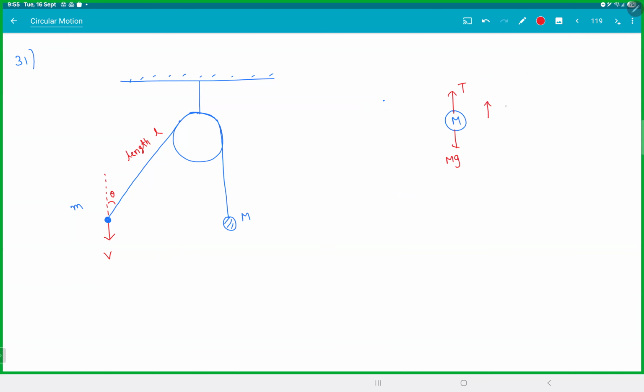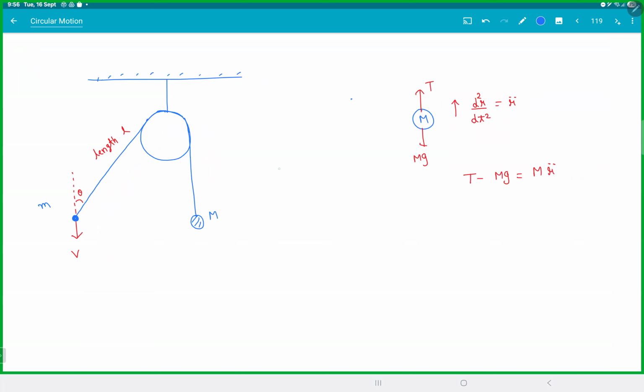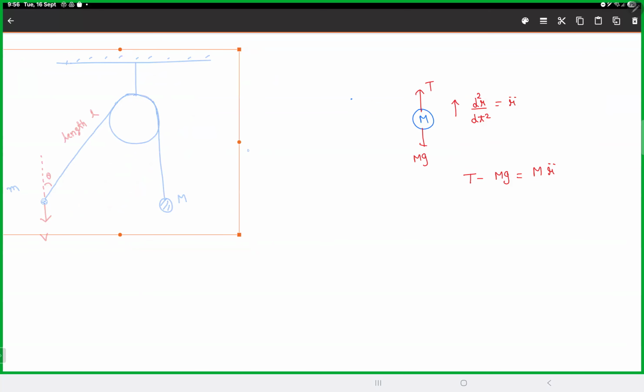It is going up, so that will be d square r by dt square, that's basically the acceleration, which we'll simply call r double dot. So this will give you the equation T minus capital Mg is equal to capital M into r double dot, which is your acceleration. And when you take small m, remember small m is going in a circle.